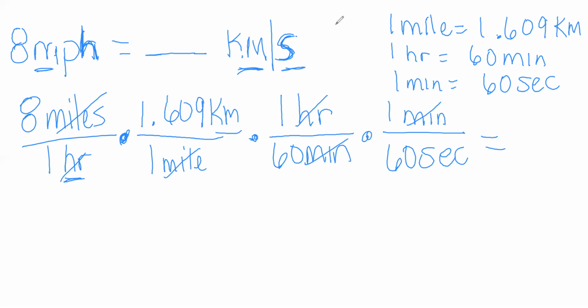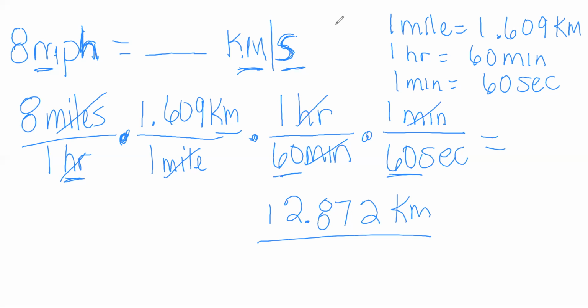Okay, so this time you're doing the calculator. You're doing 8 times 1.609. You'll get your top part of your fraction, which is 12.872, and that's kilometers. And then if you put the bottom part in, 60 times 60, you end up with 3,600 seconds. Now, we don't want it in this form, okay?